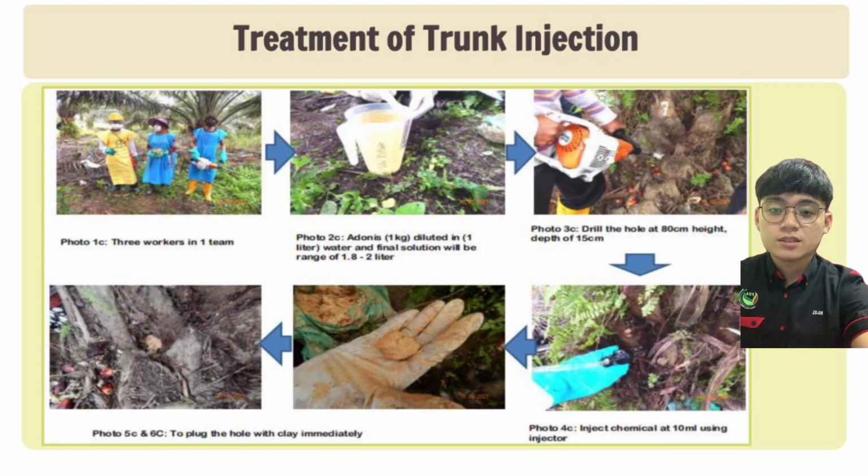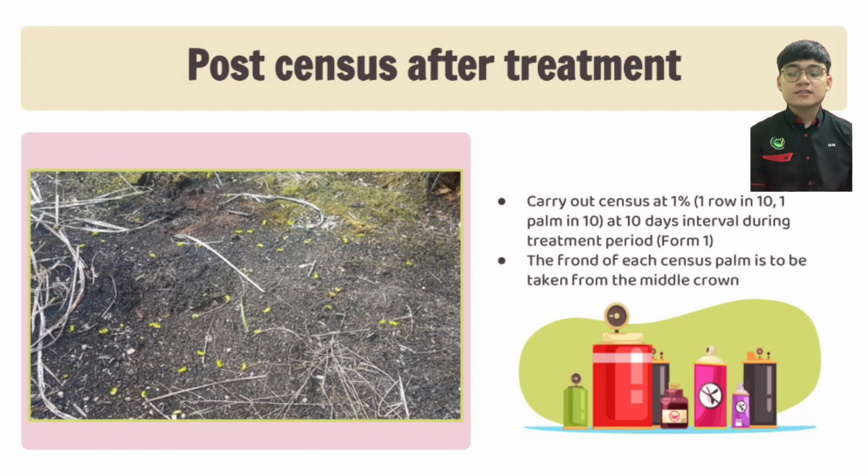The next one is photo 3.c, where we will drill the hole at 80 centimeters height with a depth of 15 centimeters each. Next, we will inject the chemical at 10 milliliters using an injector, and we will plug the hole with clay immediately. The last stage is we will carry out a census at 1%, which is 1 palm in 10, at a 10 days interval during the treatment period.